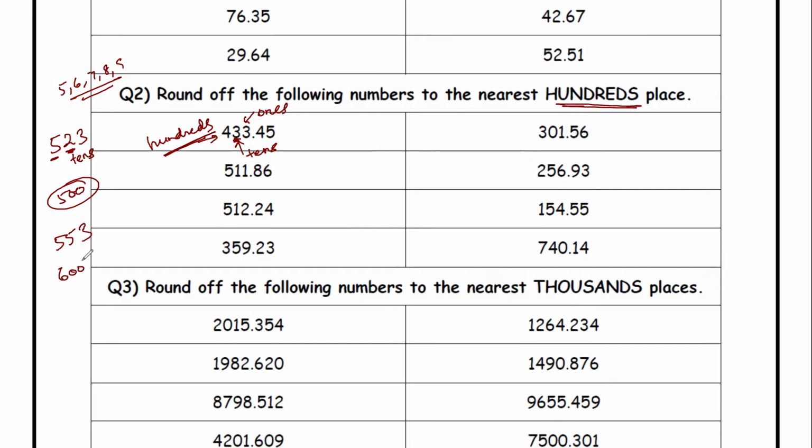It becomes 600 because this number is greater than 4. Got it? That one becomes 400. That one becomes 500, 500, a 400 because that one is greater than 4. 300, a 300, 200, and 700. Easy?